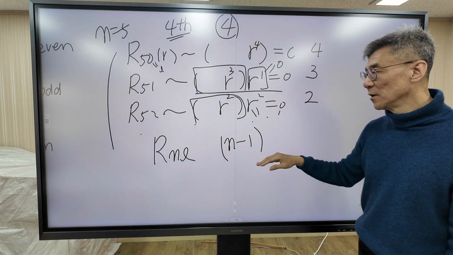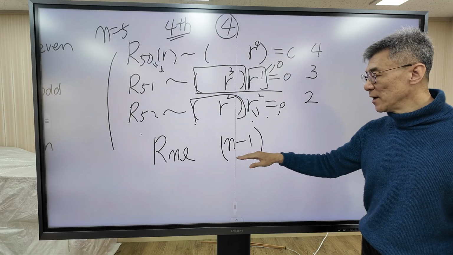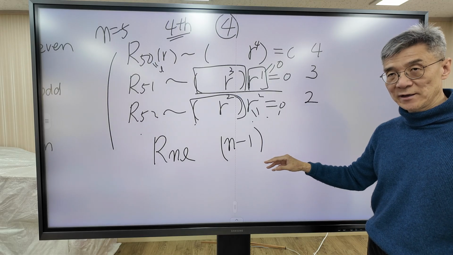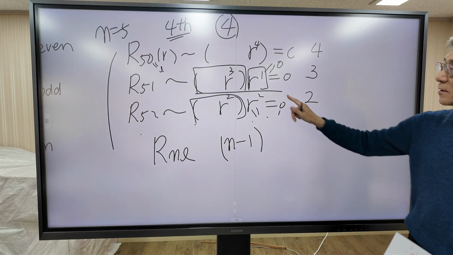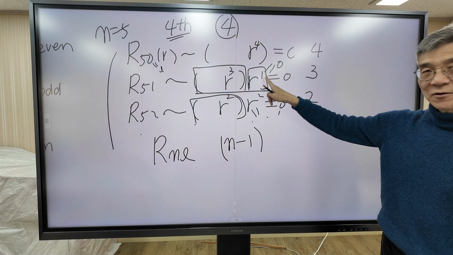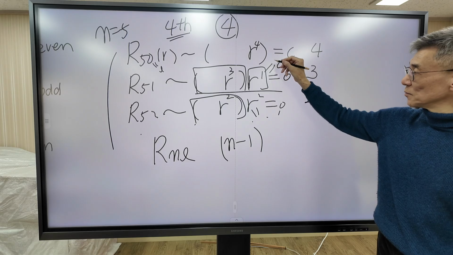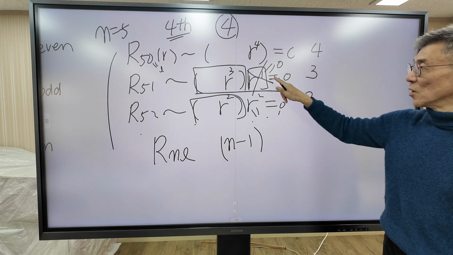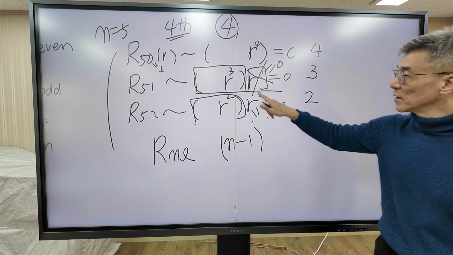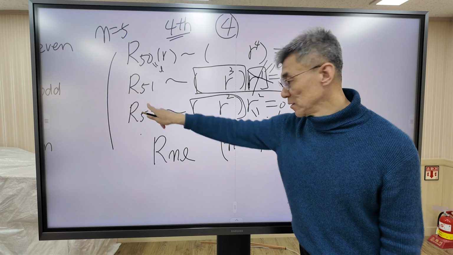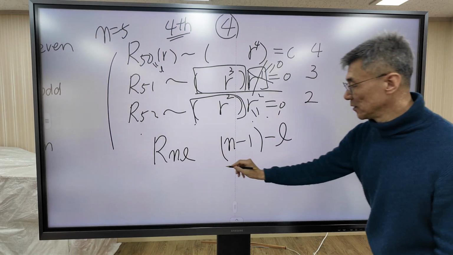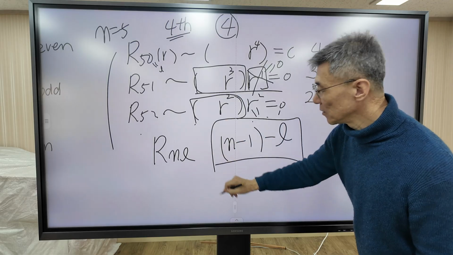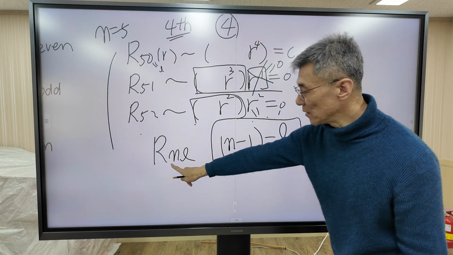So when you solve the equation, you obtain n minus 1 roots, right? But not all the roots are nodal points, because some roots have r equals 0. These must be excluded. The number of excluded points depends on the L quantum number, so you must subtract L.